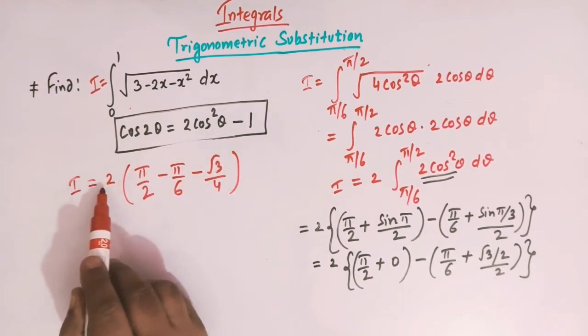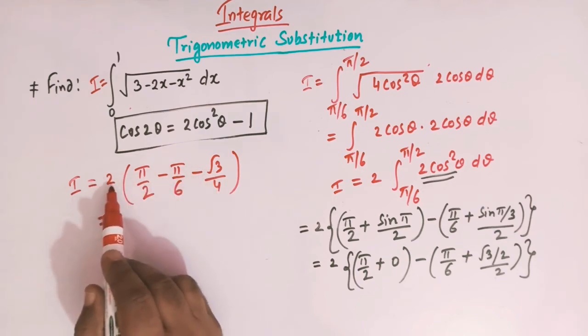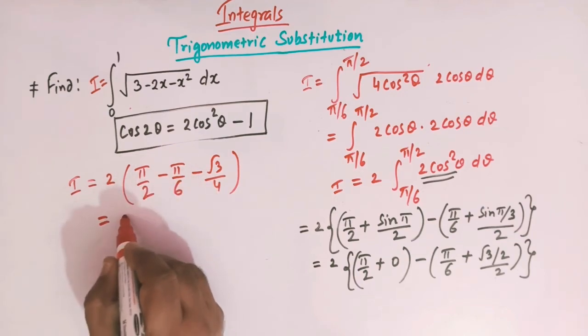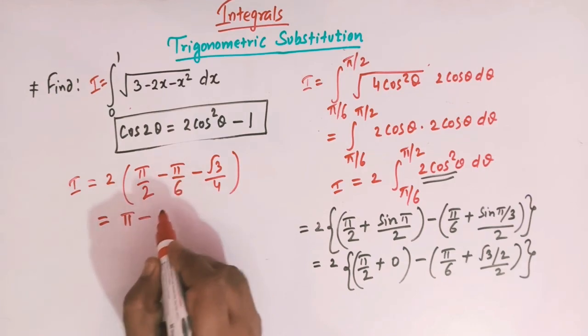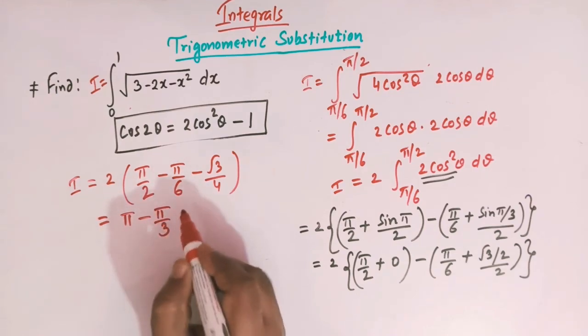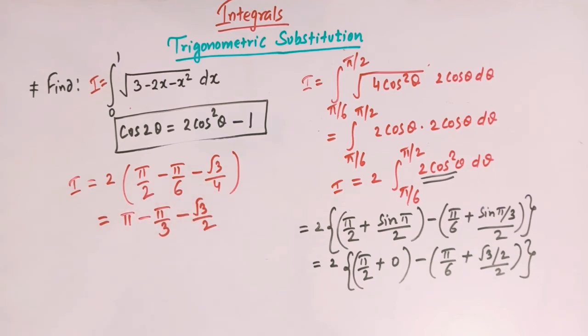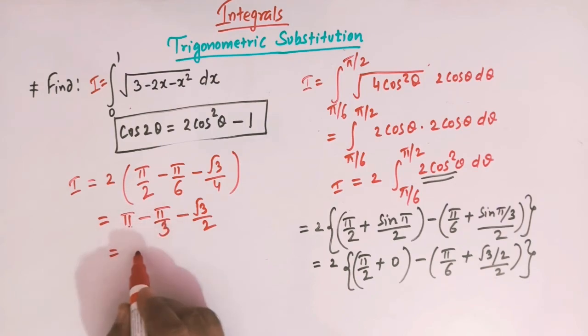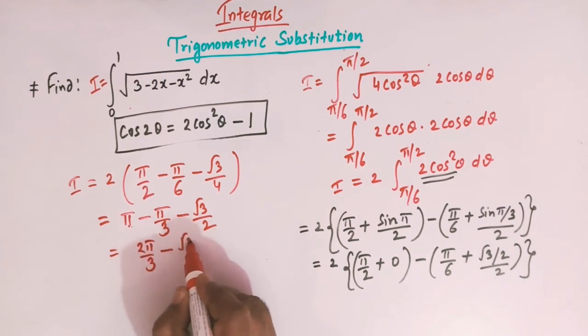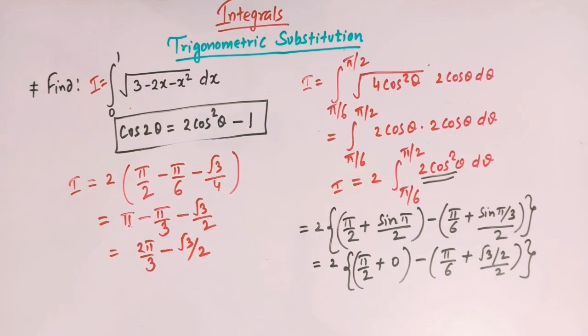Okay, now multiply these three terms by 2, so 2 get cancelled here, so we have pi minus pi over 3, and here we have square root of 3 over 2, right? Okay, now we can simplify these two terms. So we have 3 pi minus pi, that is 2 pi over 3, and here we have minus root 3 over 2, right?